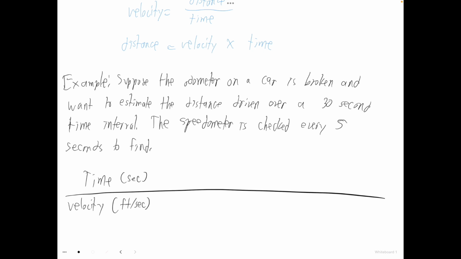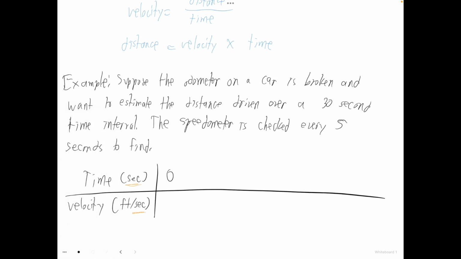If you needed to change units, you can use a simple conversion: 1 mile per hour equals 5,280 feet per 3,600 seconds. You want the units of time to be the same between the two, and I've already done that for us, just for simplicity's sake.